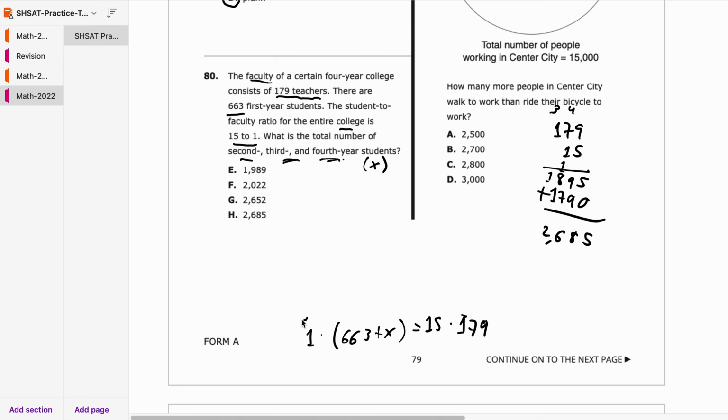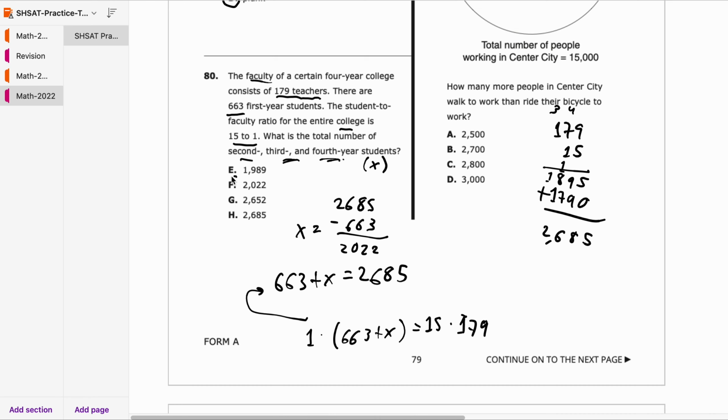Okay, so I'm going to rewrite this. So this is 663 plus x is equal to 2685. Therefore, x is going to be 2685 minus 663, which is 2022.